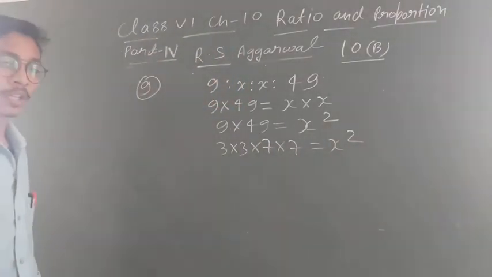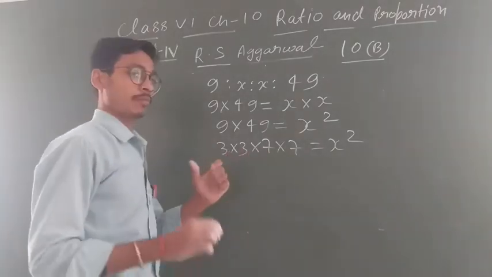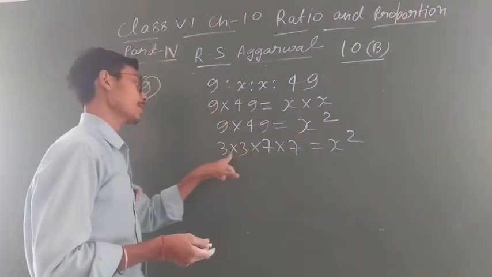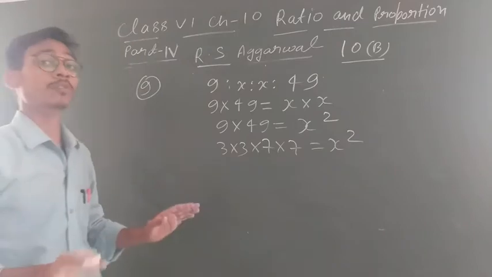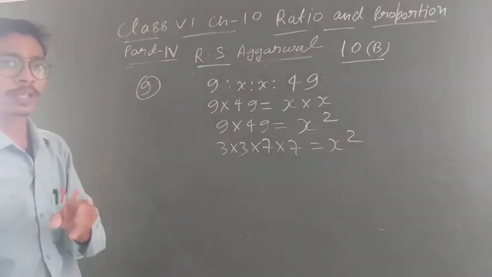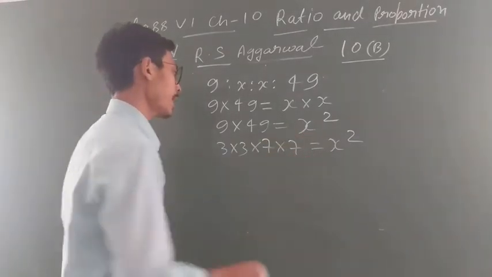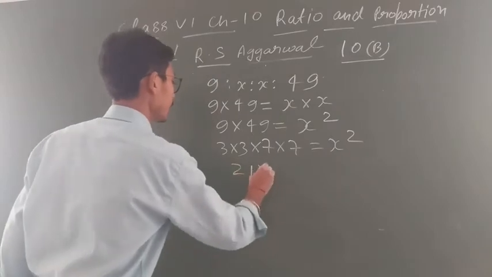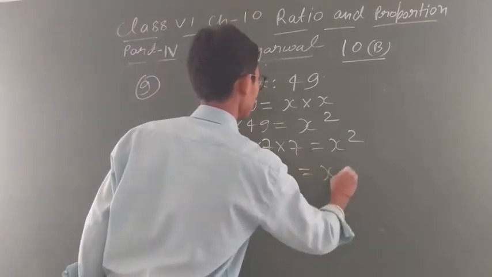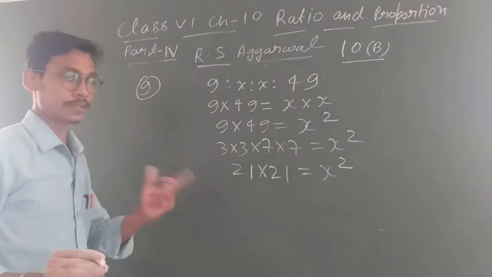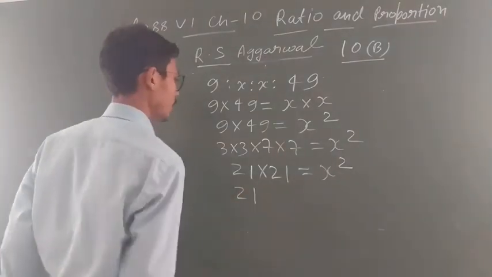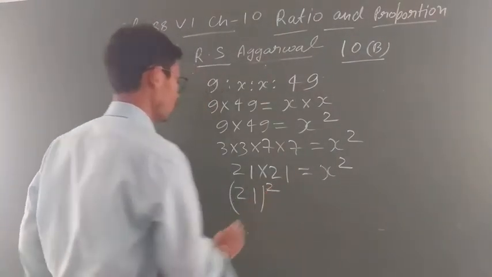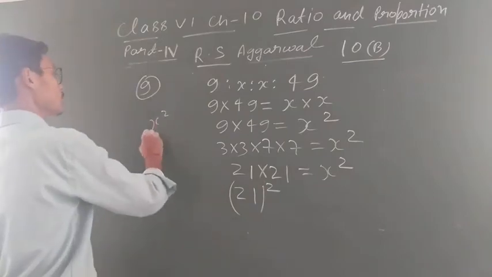Clear, everyone? Look, if you focus you can see that 7 threes are 21, 7 threes are 21, meaning 21 into 21. It is coming 2 times and here also it is coming 2 times. You can write down 21 into 21 equal to x square. Again you can write down 21 to the power 2 because x to the power 2 is x into x.